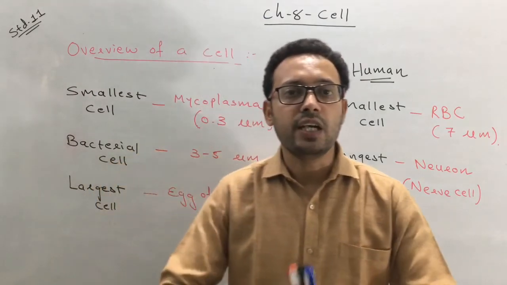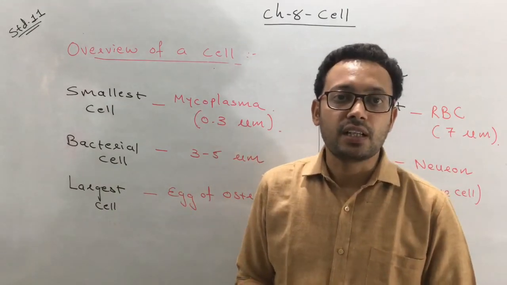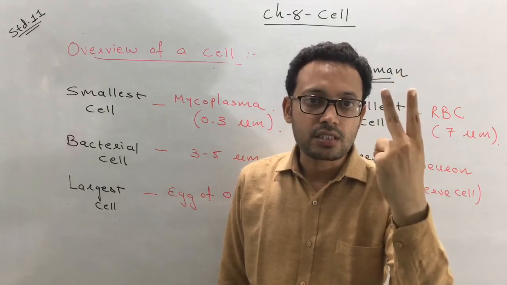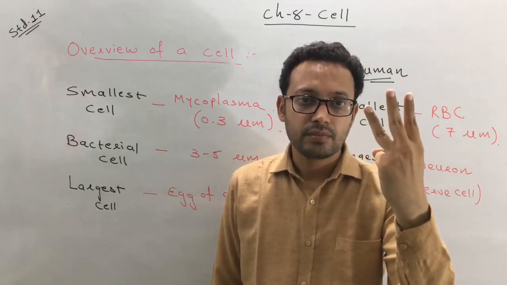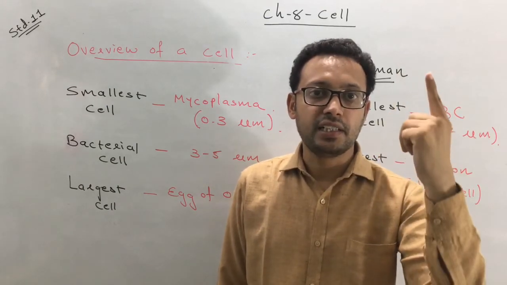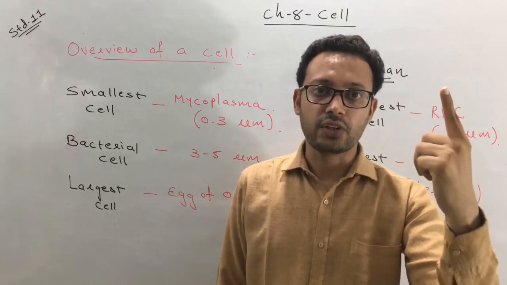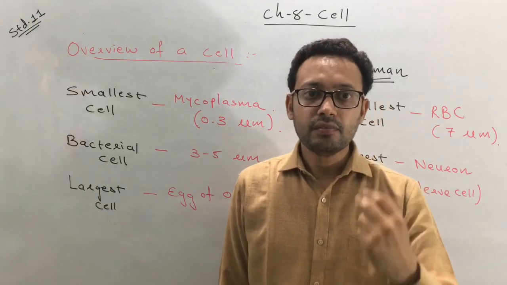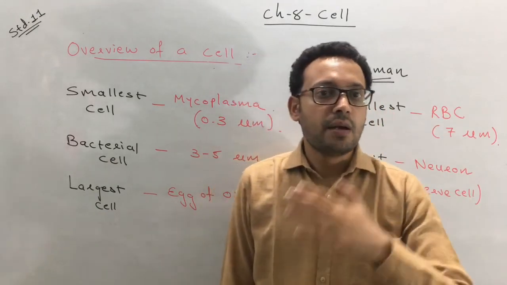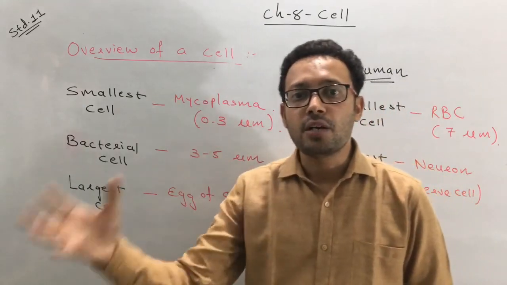So today we have just seen an overview of a cell. The cell contains an envelope, nucleus, and cytoplasm. The envelope may vary depending on the type of cell, like bacterial cell, animal cell, or plant cell. Cytoplasm contains the organelles, two types: membrane bound and non-membrane bound.